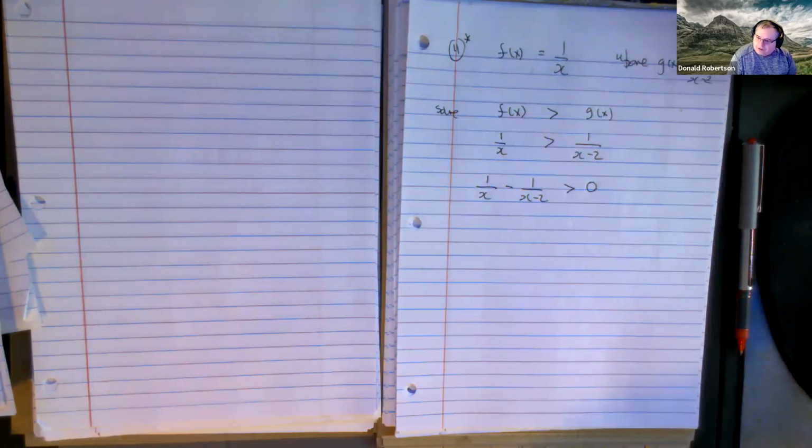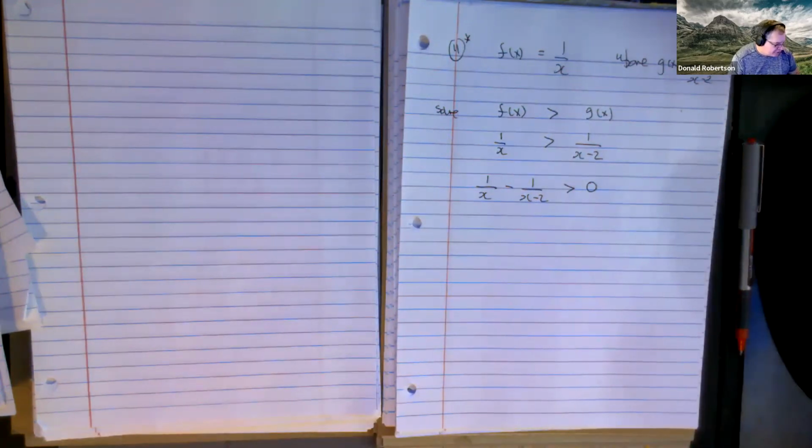Are we comfortable with that? Now, it doesn't look very much like a rational function, a single fraction at least. We have to figure out how we're going to do that guy.